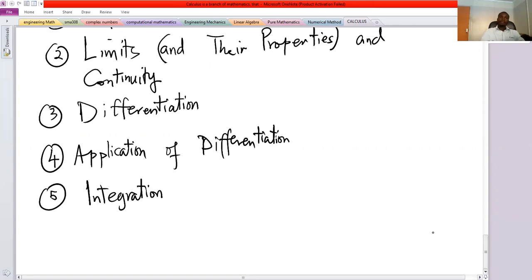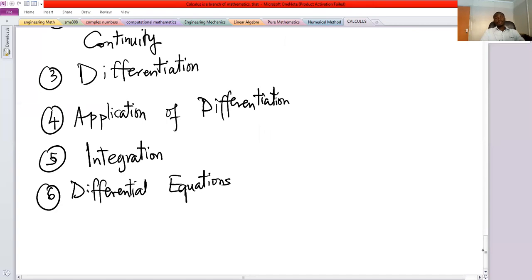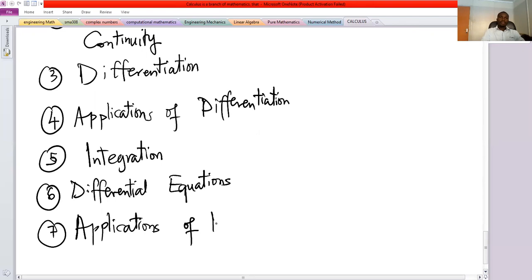And then number six, differential equations. Differential equations lie between the applications of differentiation concepts and integration concepts. And then we have applications of integration.